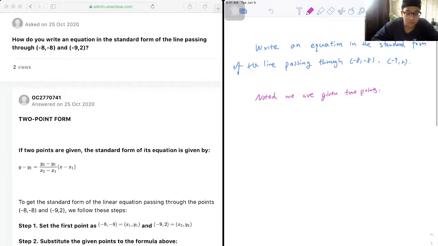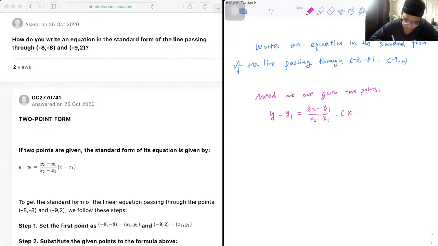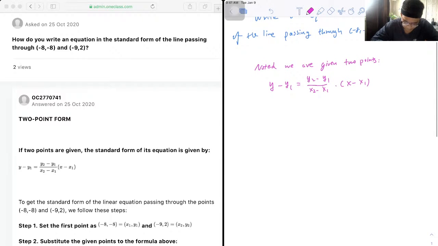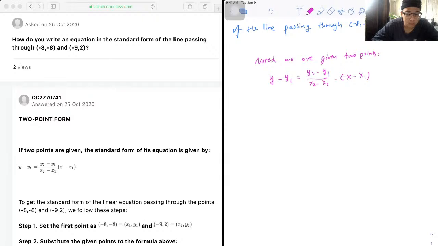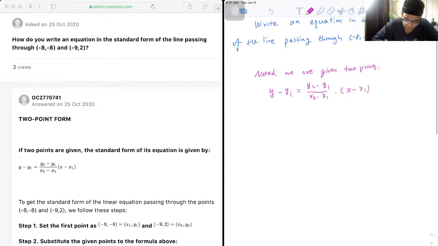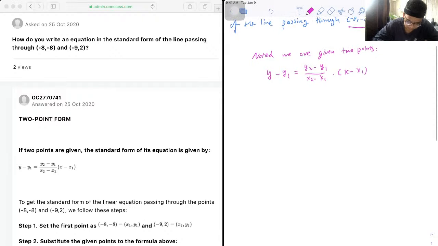So the standard form of its equation is given by y minus y1 is equal to y2 minus y1 over x2 minus x1 times x minus x1. To get the standard form of the linear equation passing through these 2 points, we need to follow these steps.